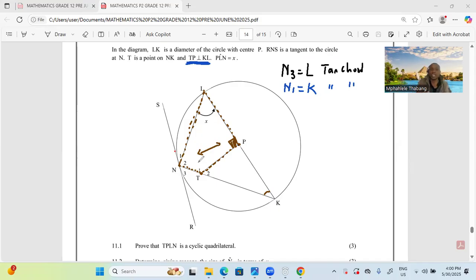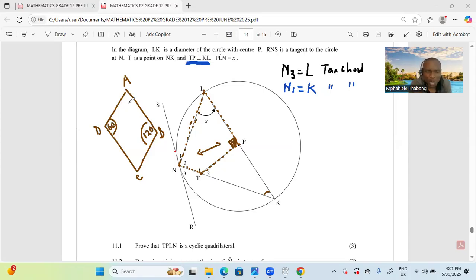So let me say I give you a quadrilateral, guys. Let me say I give you a quadrilateral ABCD. And I tell you that B is 120, D is 60. Automatically, ABCD becomes a cyclic quad.